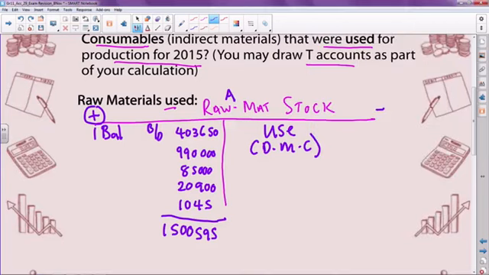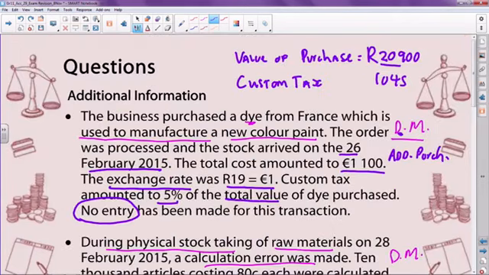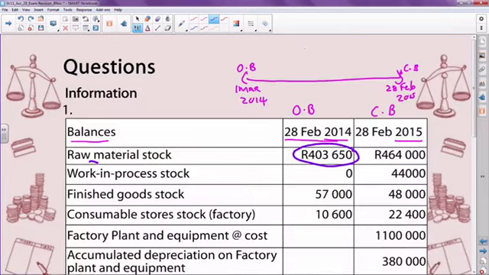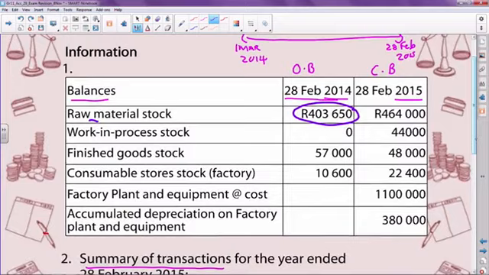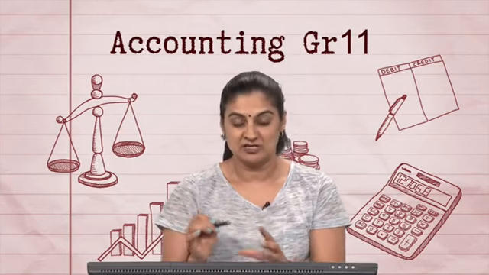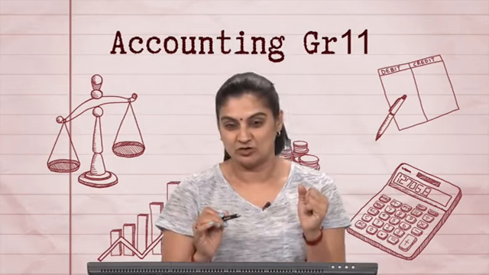Okay, so let's just enter that in. All right, let's now carry on with the calculation, still trying to work out how much did I use. I'm now going to look at my closing balance. In other words, at the end of the financial year, how much of the raw materials were not used by the business? Pay attention now to my terminology.